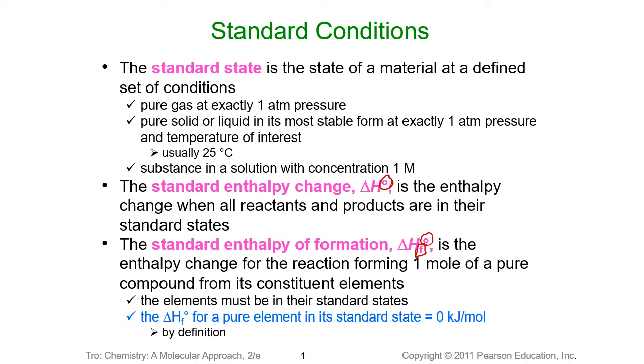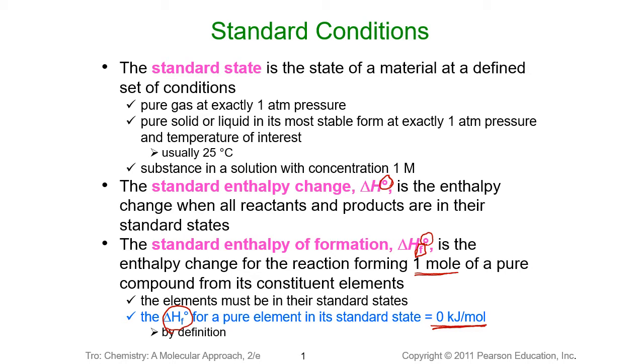And again, this is when we have a chemical reaction made from 1 mole of pure compound from its constituent elements. And this is a definition, so we're forming 1 mole. What this means is that sometimes our reactants are going to have odd coefficients. The standard enthalpy of formation of a pure element in its standard state is going to be 0 kilojoules per mole.